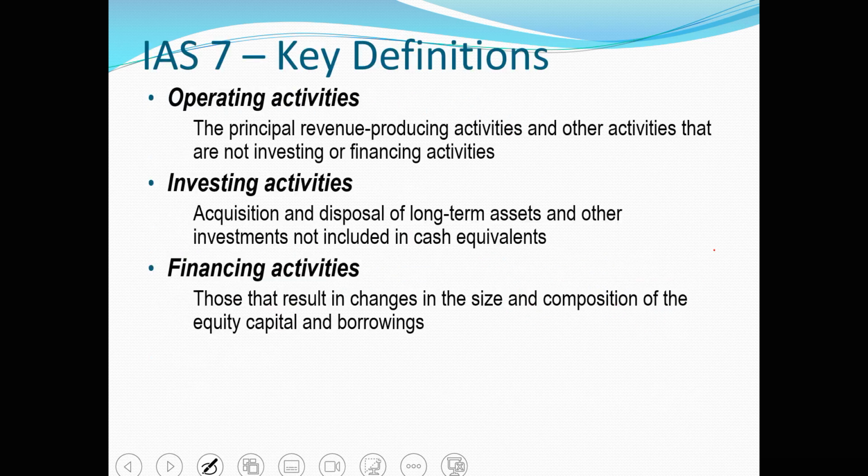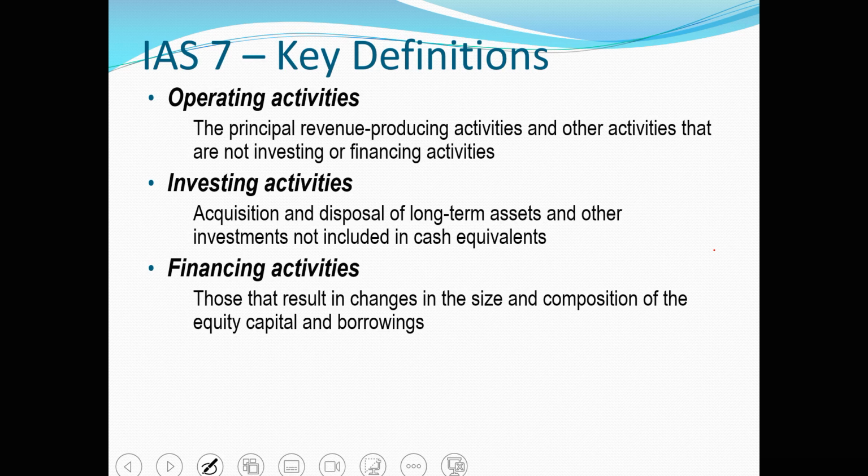Important definitions here. Operating activities. Remember, we are to present statement of cash flows under three headings. So operating activities: the principal revenue producing activities and other activities that are not investing or financing in nature. So every business is there for a purpose.